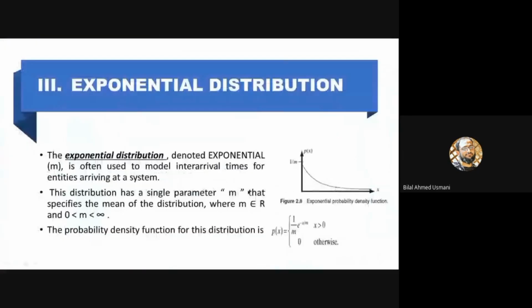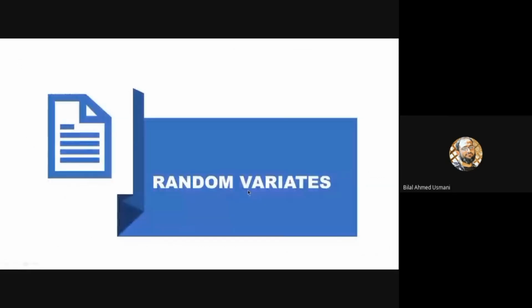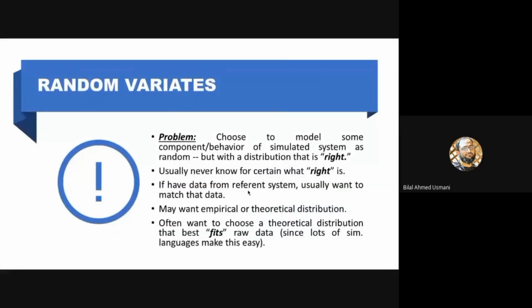Okay, now going back to the random variates. What are random variates? There is a problem we usually face when doing data analysis and simulation that requires advanced and complex data. We need to choose some model component behavior of a simulated system, but with a distribution that is right.